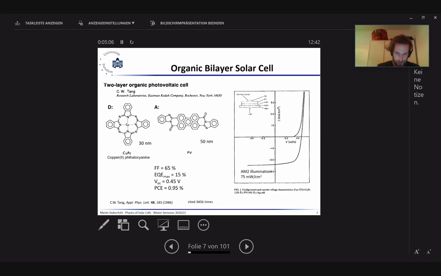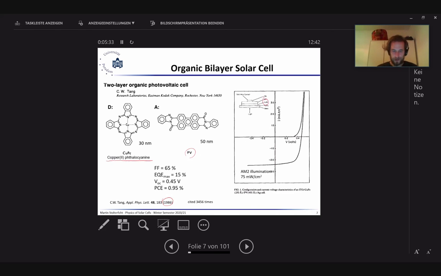Okay, I'm sorry, this existed already earlier. So this was a bilayer of copper phthalocyanine and this PV polyphenol. You see here, this is a bilayer, so one layer and the other.